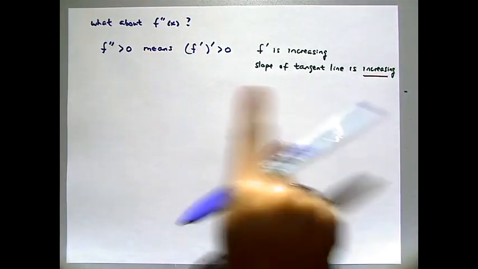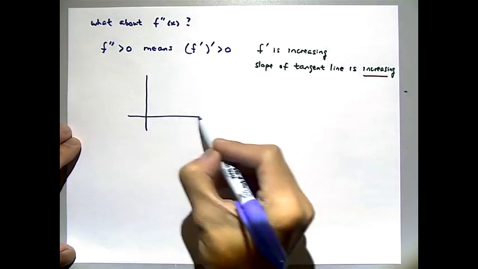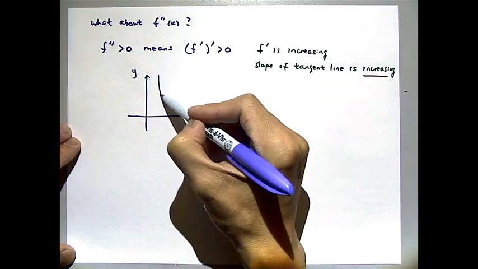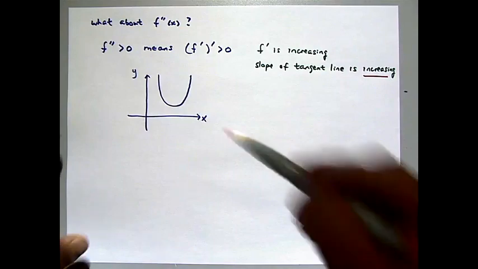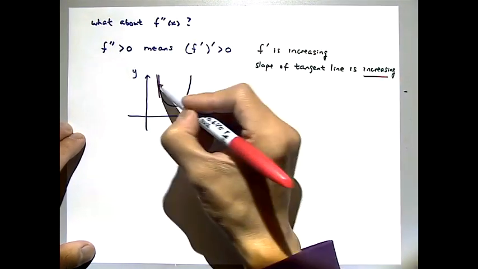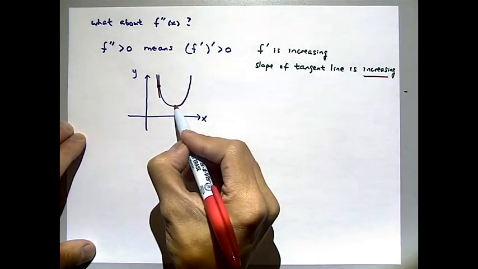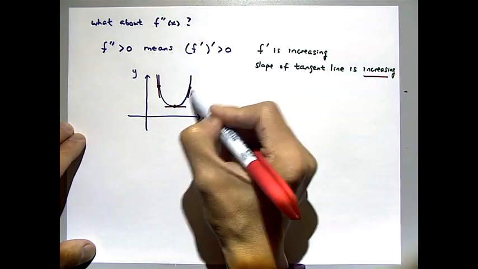So what happens when you have this kind of thing going on is you will get a shape that resembles an upward opening parabola. Notice what happens if I start by looking at the slope of the tangent line here. It's a large negative number. If I move over here, it becomes 0. If I move over here, it's positive.